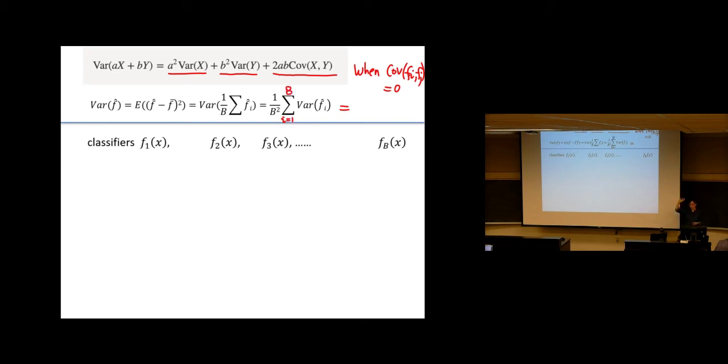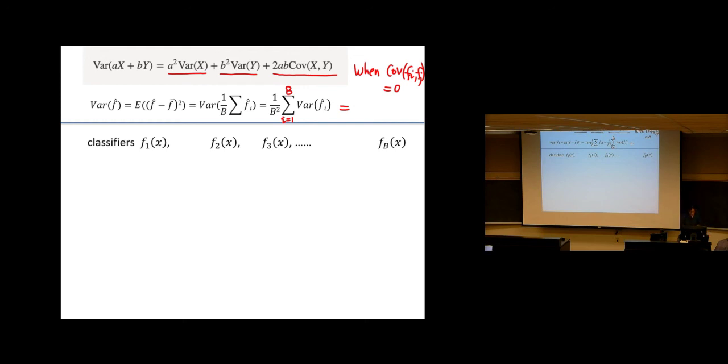This can be approximated if the training data have the same size: S1 size n, S2 size n, up to SB size n. They are all the same size, so it's almost guaranteed the variance of each Fi is the same.